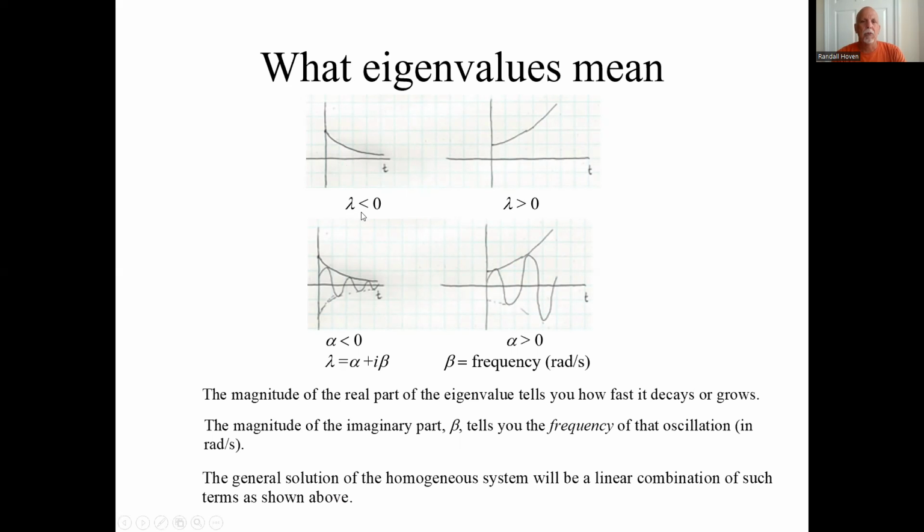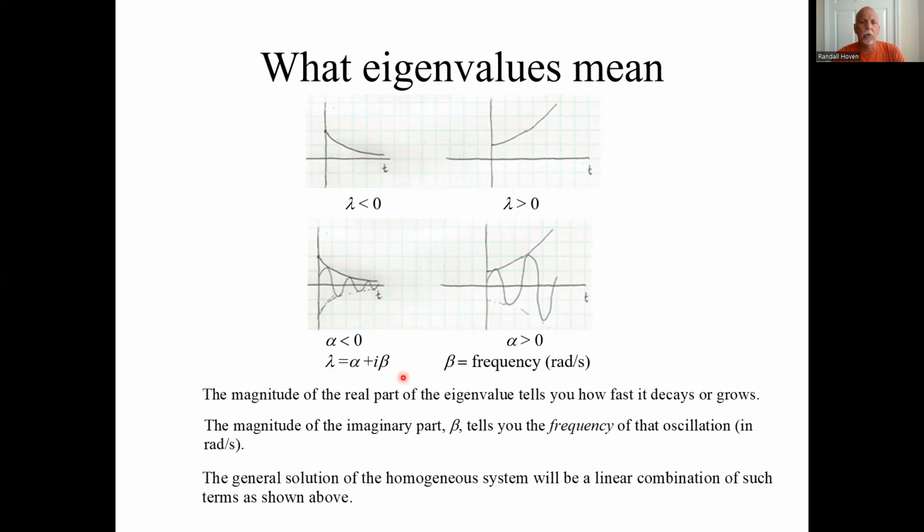If your eigenvalue is real and less than 0, it's going to be a shrinking exponential envelope, at least that term, the term corresponding to that eigenvalue. If the eigenvalue is real and greater than 0, it's going to be a growing exponential. Or exactly equal to 0.